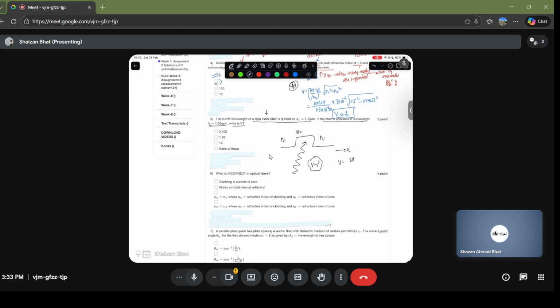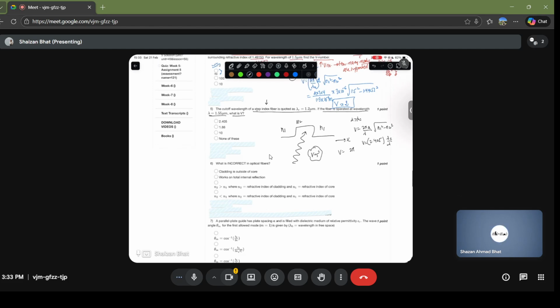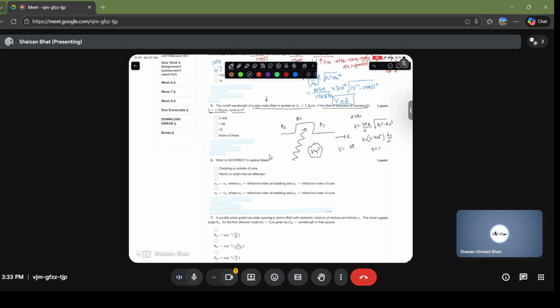Because this is for lambda greater than the critical wavelength, you have V equal to 2 pi a over lambda times the square root of n1 squared minus n2 squared. This will come out to be 2.4, but you have V equal to 2.405 times lambda c divided by lambda. Once you solve it, you get V equal to 1.86.